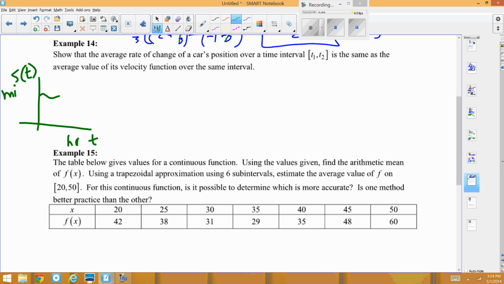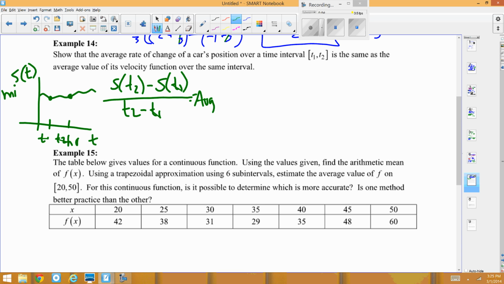So let's say we have a function, here we go, that's the car, it's going so many miles over so many hours, and we're going from t1 to t2. So the average value from, say, here to here, that's just going to be s of t2 minus s of t1 all over t2 minus t1. And again, that's our average value.